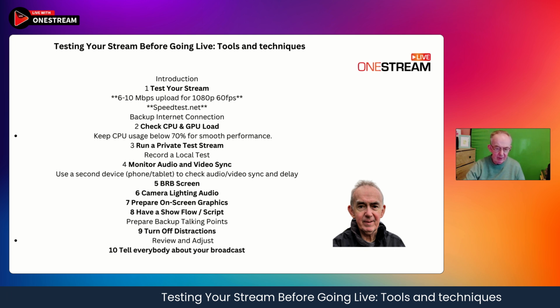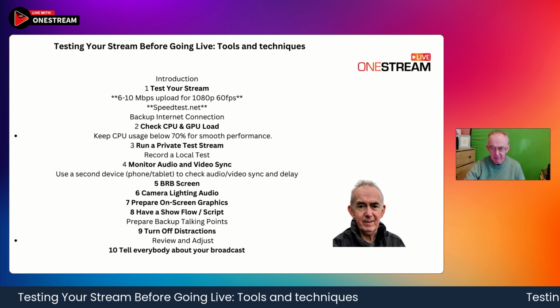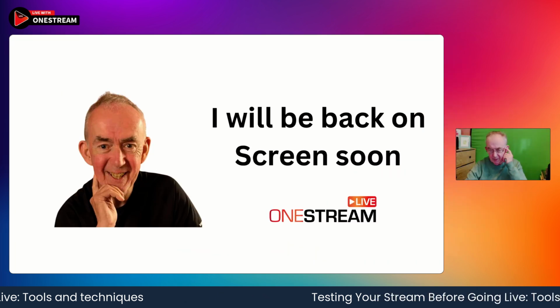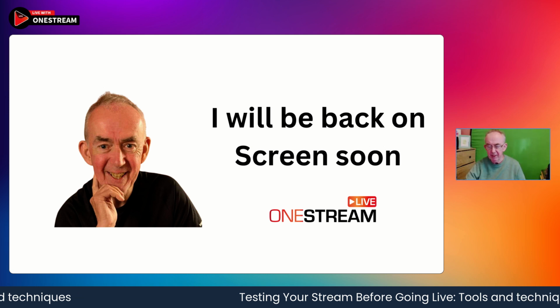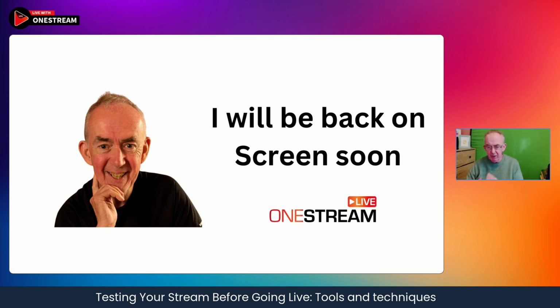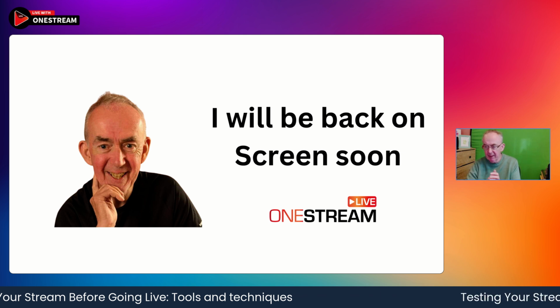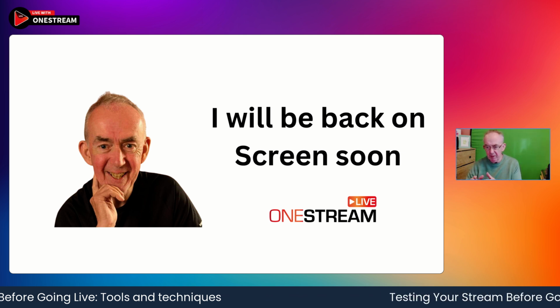Okay, the other thing you need, and I'm going to bring this on screen now. This is important. You need one of these. Always be prepared. During your broadcast, if anything goes wrong, have an image that you can bring on screen. I designed this one with Canva, and it says, I will be back on screen soon.